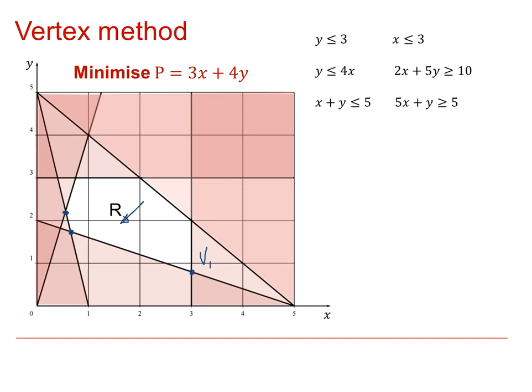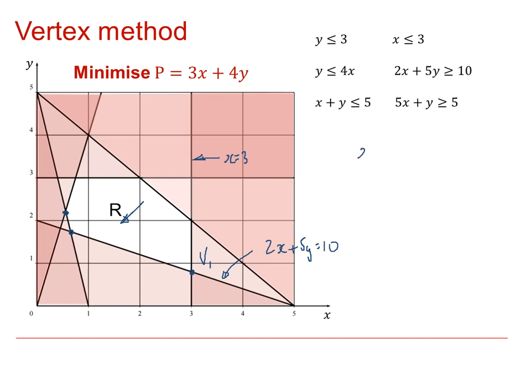So if we take V1 for example, we could see that this line here is the line x equals 3, and this line is the line where we have 2x plus 5y equals 10. So the intersection is where those two equations are solved simultaneously.